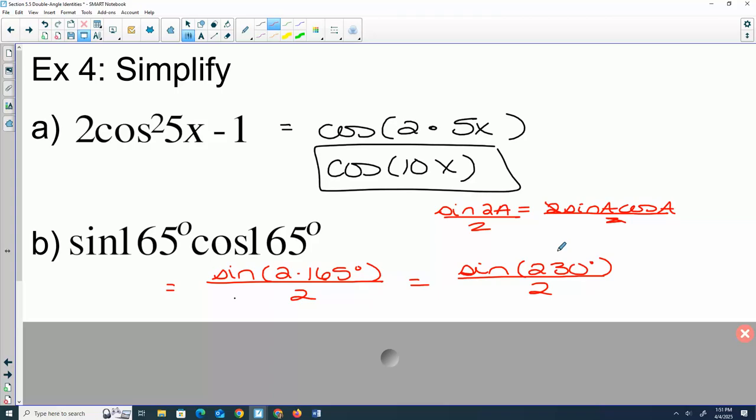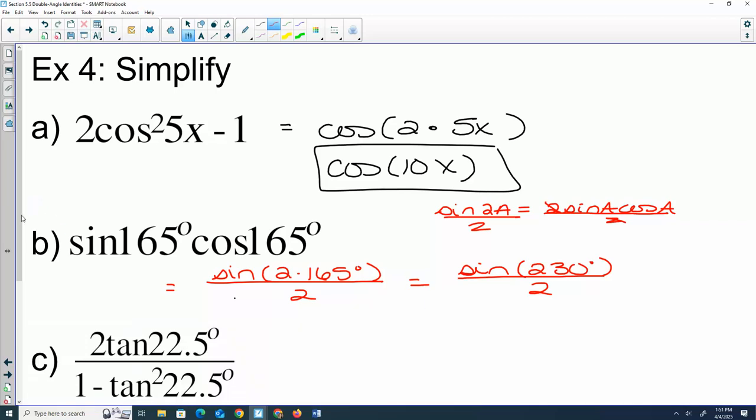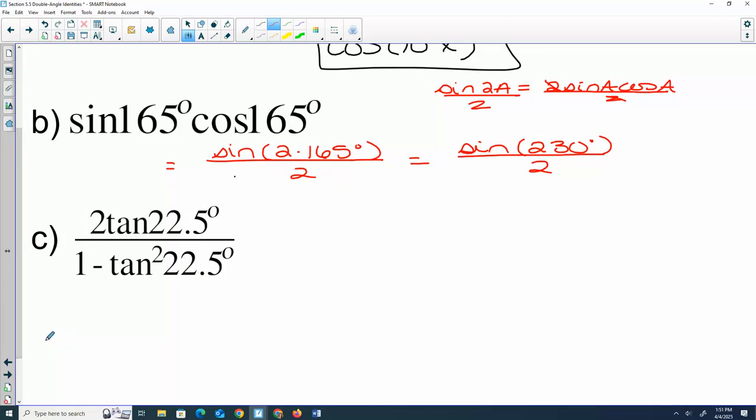Is 231 off my unit circle? No, so we would just leave our answer like that. That's as far as we're going to go.